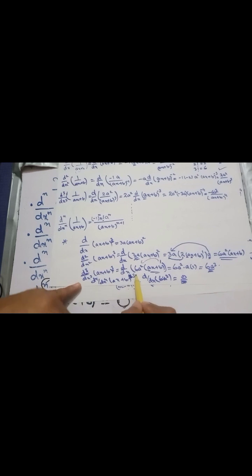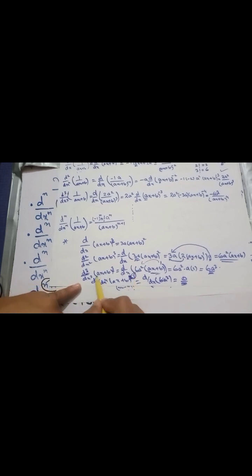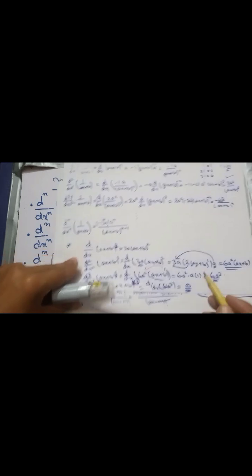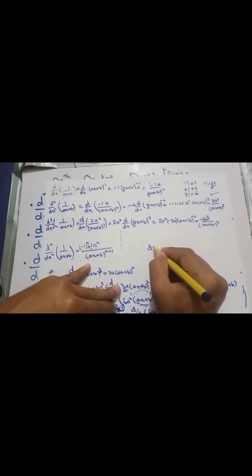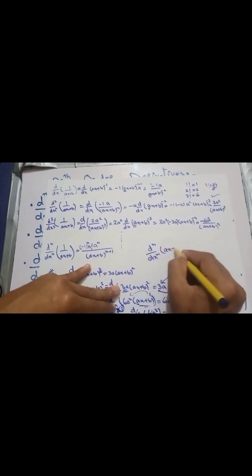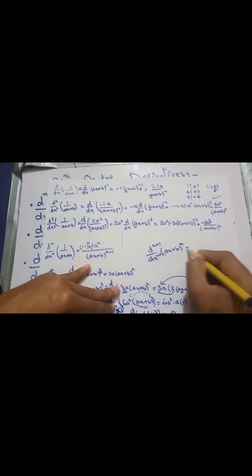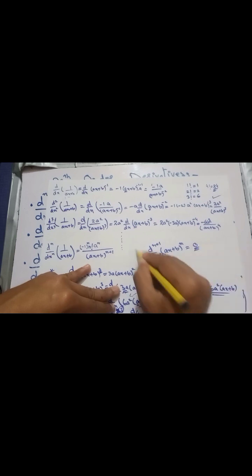So if the power is 3 and the derivative order is 1 more than the power, then the answer will be 0. Clearly we can say that if a function has power n and we take the derivative n plus 1, the answer will be 0.